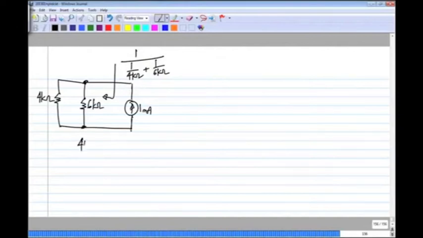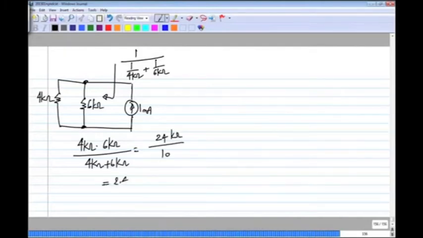So you will get 4 kilo ohm times 6 kilo ohms divided by 4 kilo ohm plus 6 kilo ohm, and this is 24 kilo ohms divided by 10, which is 2.4 kilo ohms. Okay, and if 1 milliamp current flows through 2.4 kilo ohms, milliamp and kilo ohm multiplied will give you volts, so you will get 2.4 volts.